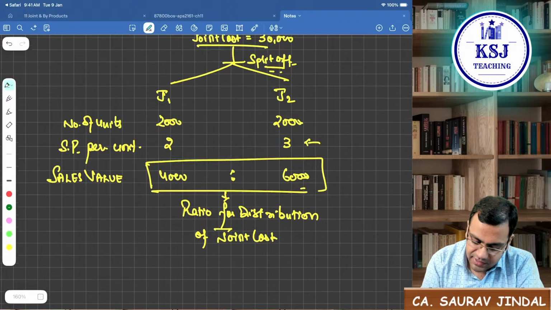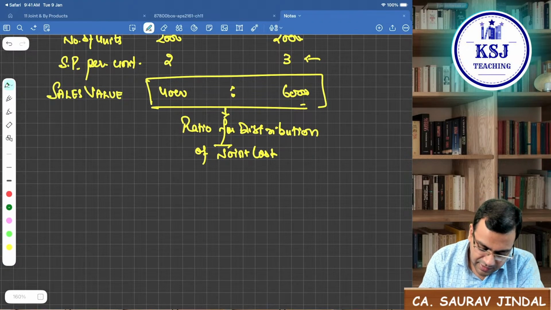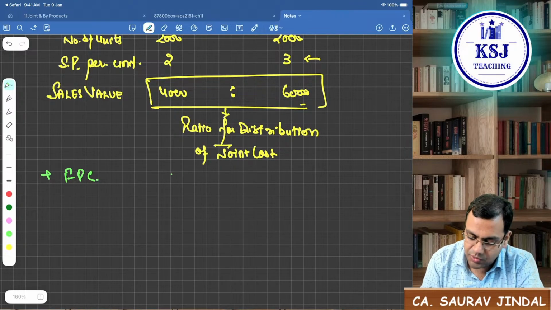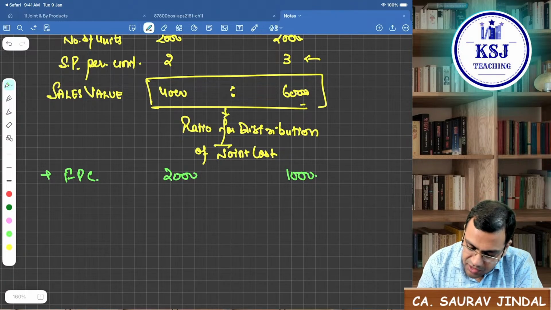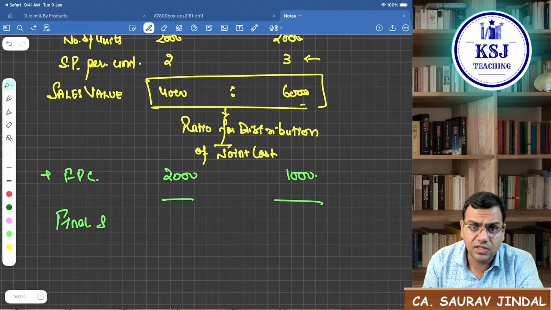Like in this case itself, if this is the sales value you are getting at split off point, let's say after this you have to incur a certain FPC on this product of 2000, and on this product you are incurring an FPC of 1000, right? So what will be your final sales value now? If there is profit also, we'll add profit.